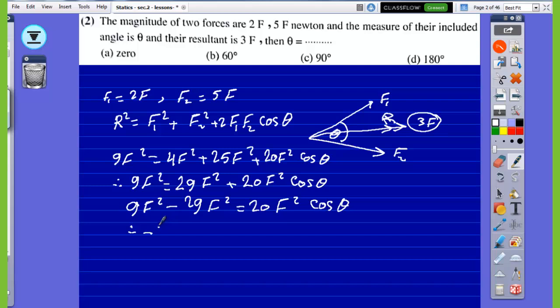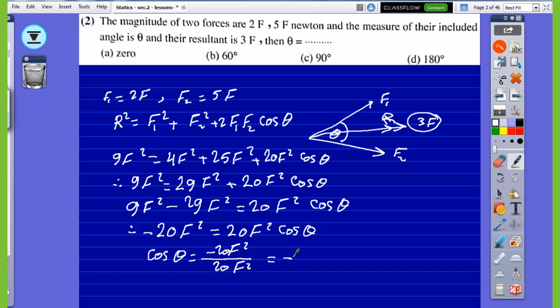So negative 20F square equals 20F square cosine theta, and cosine theta equals negative 20F square divided by 20F square, which equals negative 1.